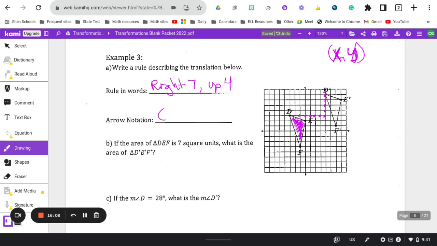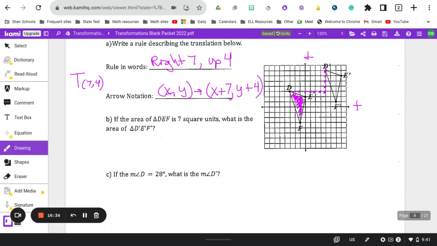In arrow notation, right is positive, right? Because we're going to the positive, and up is to the positive, so Y plus 4. And anybody who did the ordered pair, I'll write that over here. It's a capital T, and then the subscript is a positive 7, positive 4. Those are your 3 ways to write the rule.